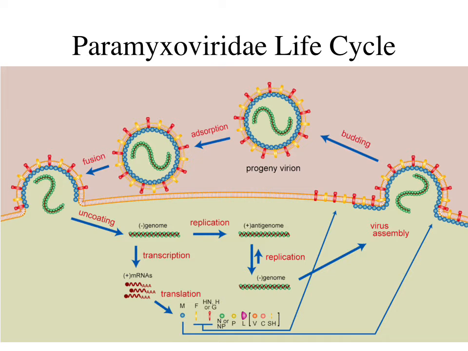Those will be translated, and eventually, when the concentration of the N protein is sufficient, rather than making more messenger RNA, you're going to make full-length positive antigenome RNAs, which then can be used to replicate more full-length minus sense RNA that can be packaged into virions. You get assembly at the plasma membrane, followed by budding.